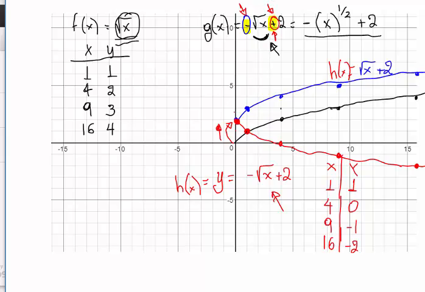And then we rotate the h of x horizontally, and we created the red curve that is nothing else than the g of x. So the red curve is now the g of x.